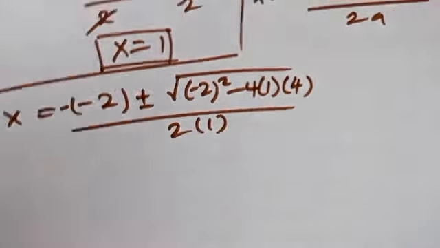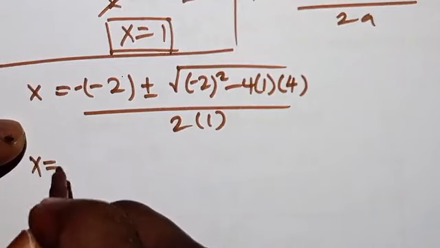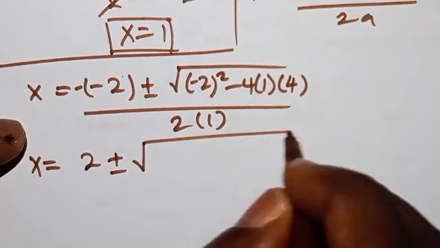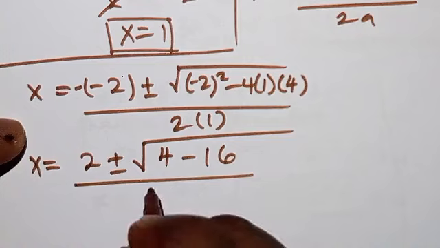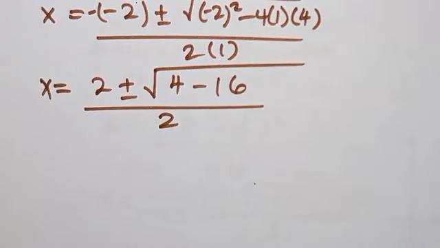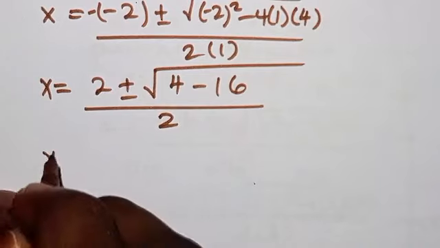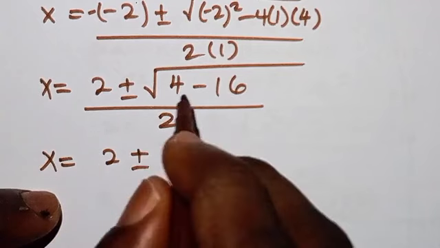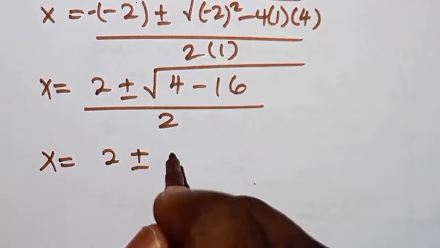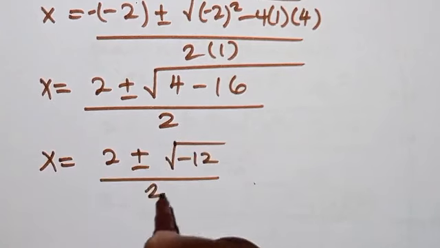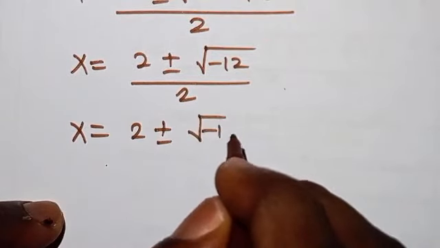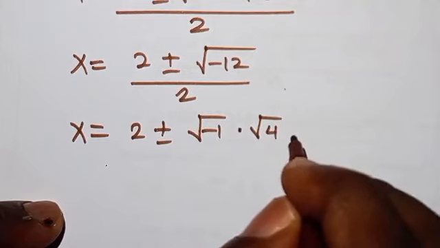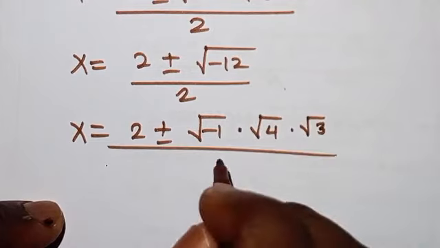Okay, so we're going to have x equals 2 plus or minus the square root of 4 minus 4 times 4, that is 16, all over 2. So now we move on. We're going to have x equals 2 plus or minus the square root of 4 minus 16, which is minus 12, all over 2. So we have x equals 2 plus or minus the square root of minus 1 multiplied by 4 multiplied by 3, all over 2.